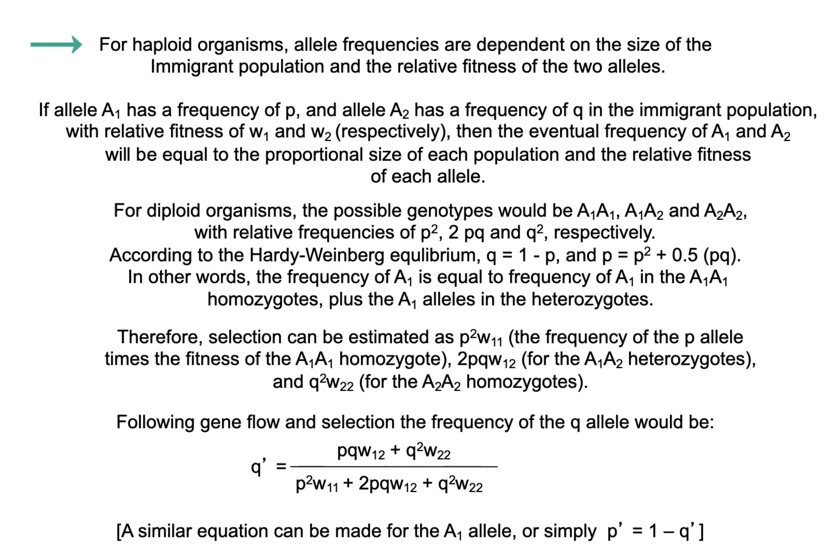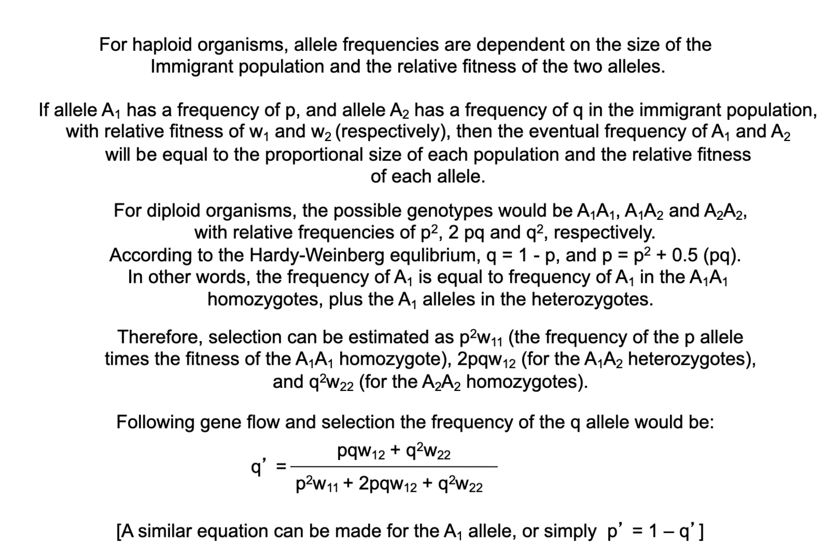For haploid organisms, the allele frequencies are dependent on the size of the immigrant population or the extant population and the relative fitness of the 2 alleles. For example, if allele A1 has a frequency of P and allele A2 has a frequency of Q, then with relative fitnesses of W1 and W2, the eventual frequency of A1 and A2 will be equal to the proportional sizes of each population and the relative fitness of each allele.